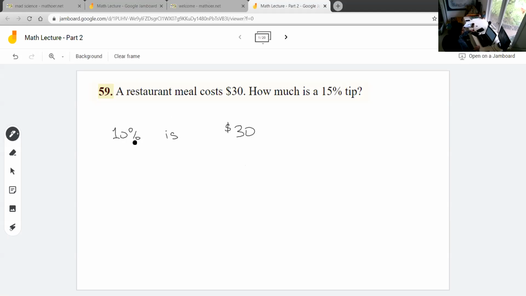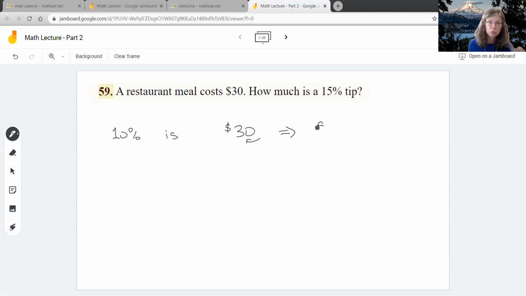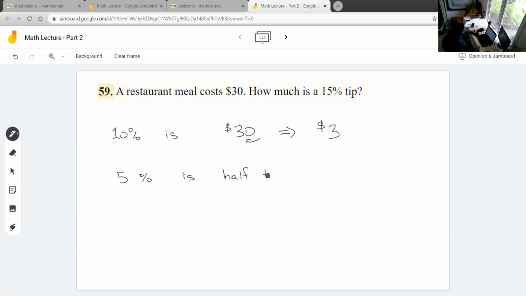What do I do to my 30 to get 10%? Decimal. So 5% is half that.